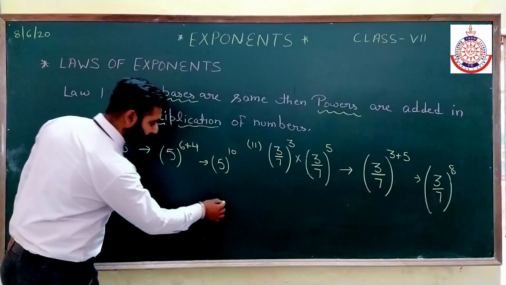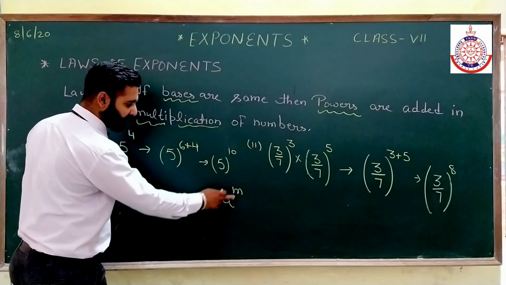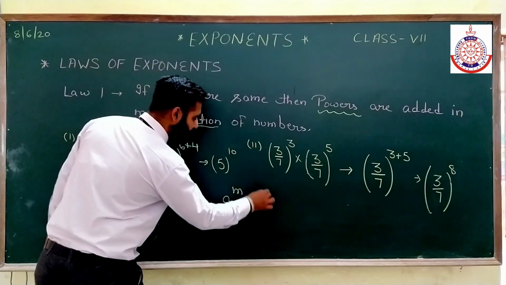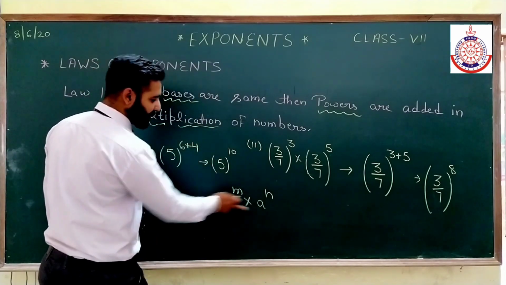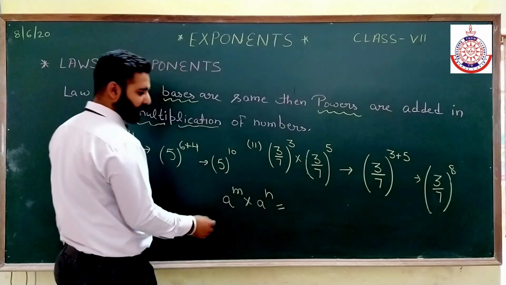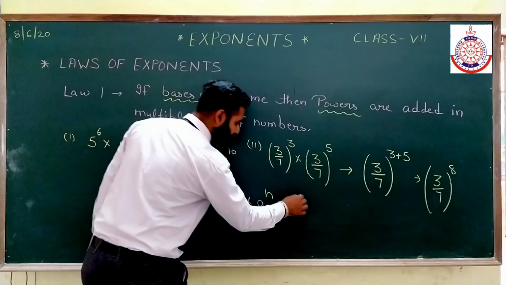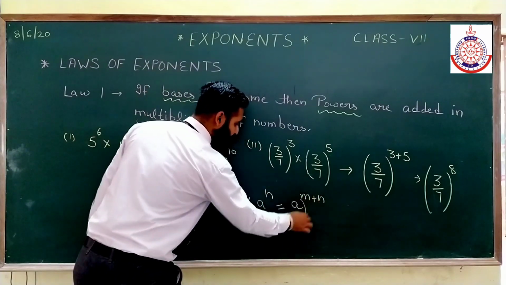You should write it like this: a raised to power m, a is any positive integer, m is power here, multiply by a raised to power n. Here also you can see bases are same, is equals to a raised to power m plus n.